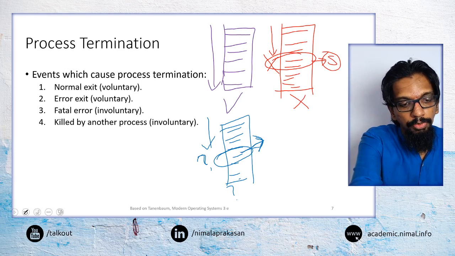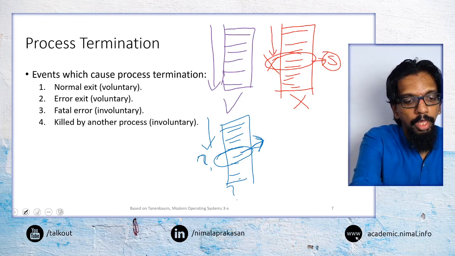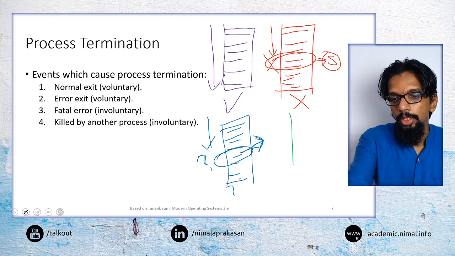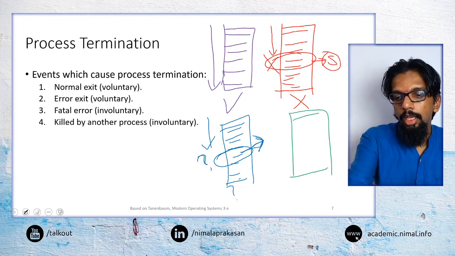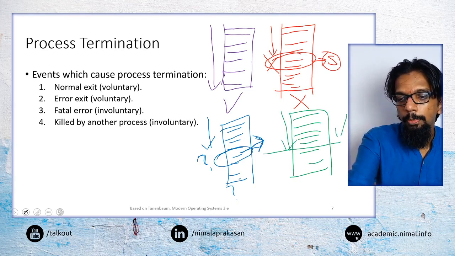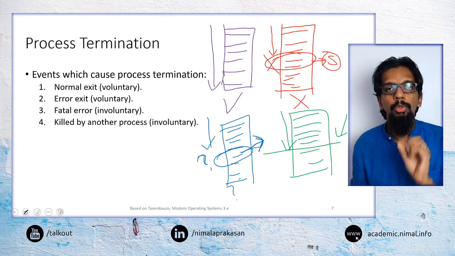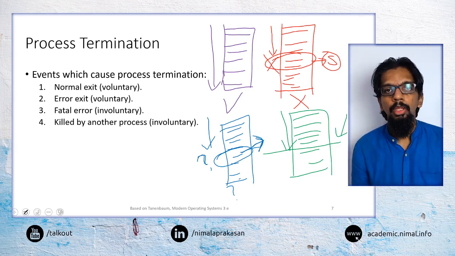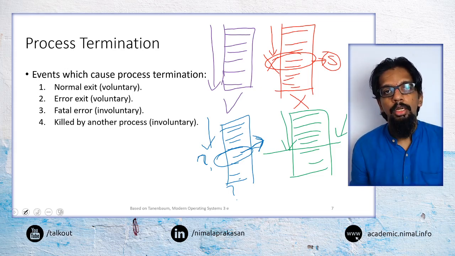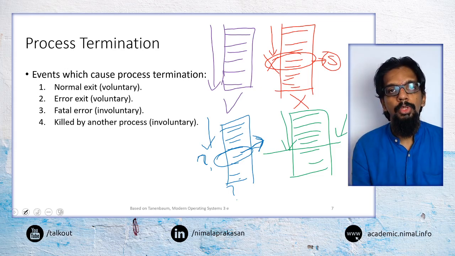Then there is a fourth category that we would call killed by another process. So again, you have a process that is running, that continues to run, but at this point in time, another process is issuing a command to kill this program. So for example, you are running some programs and you shut down Windows while some other programs are open.